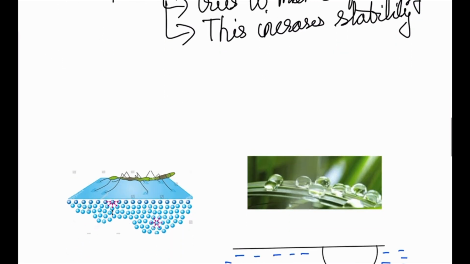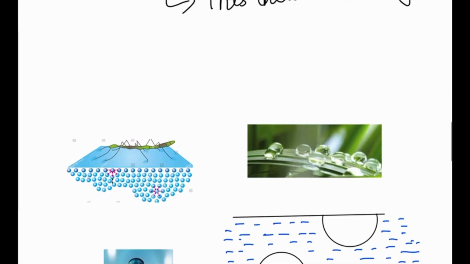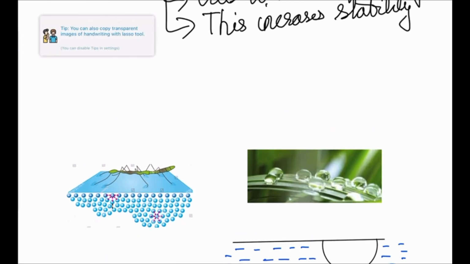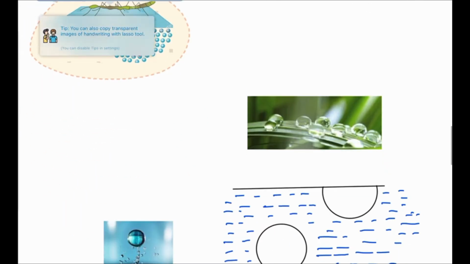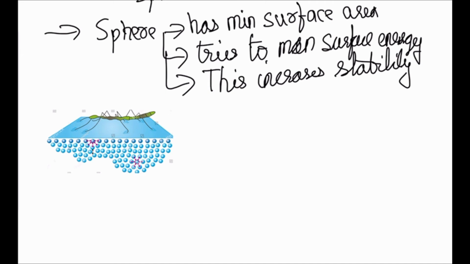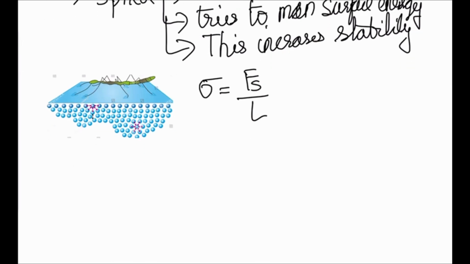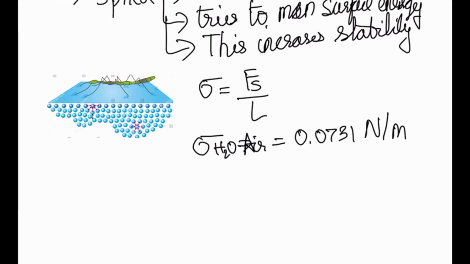Let me give a few more examples. Now let us go back to the formula. What we gave is sigma is equal to Fs upon L. Suppose sigma for water to air is 0.0731 Newton per meter. That is, for every 1 meter, this is the surface tension force.